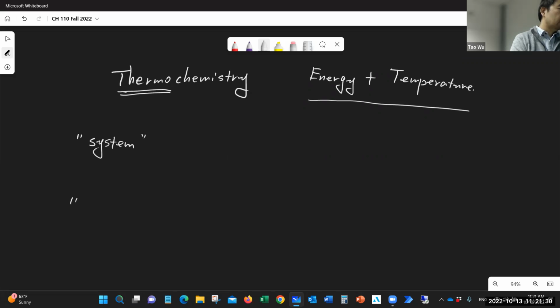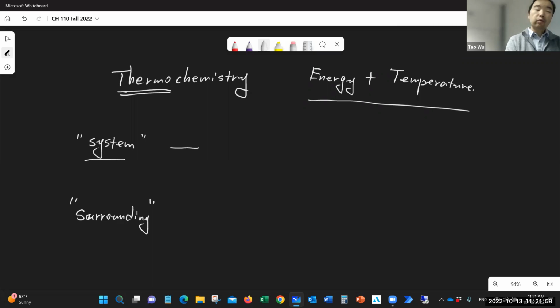The second one is called the surrounding. System and surrounding, those two are coupled.